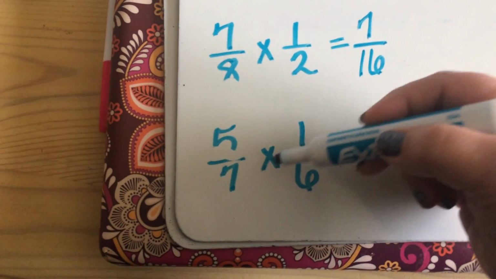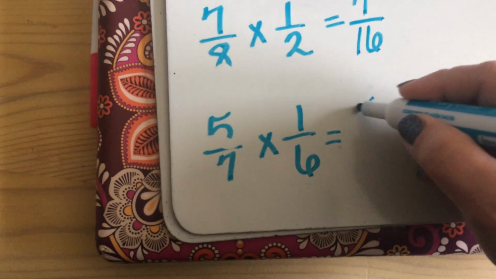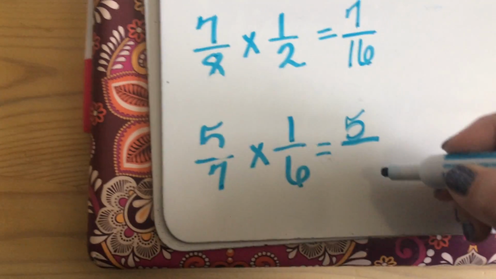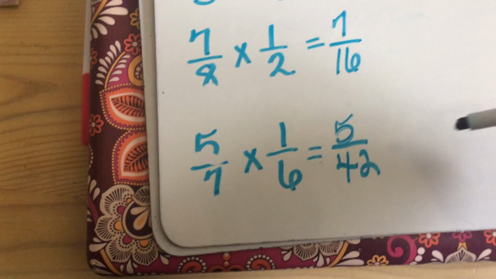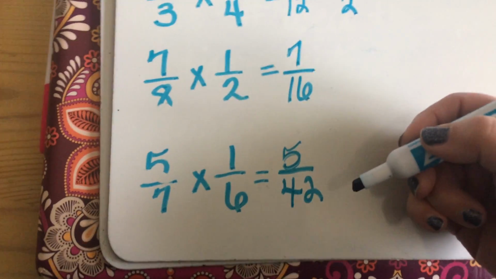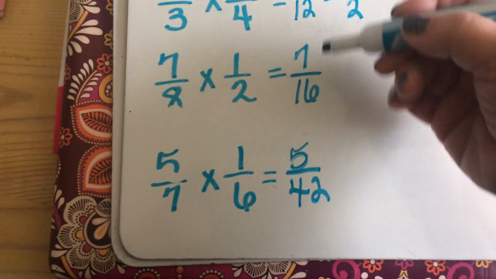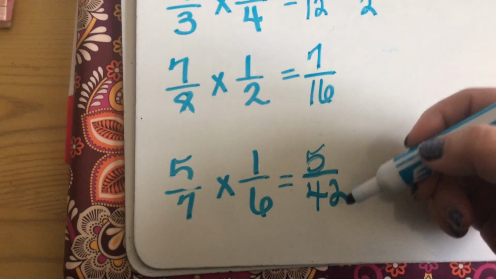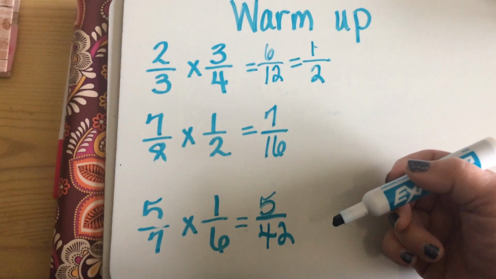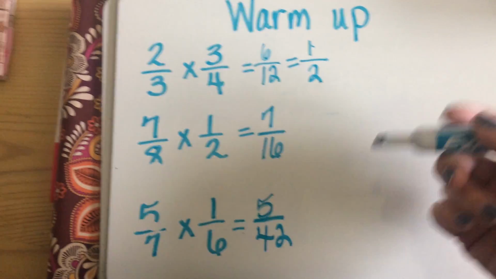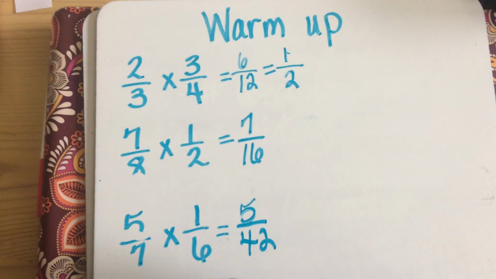Then you have 5 times 1 is 5, and 7 times 6 is 42. That cannot be reduced either because there's no number that can go into both of these numbers evenly. So, remember, when you're multiplying fractions, you just multiply straight across. There's nothing fancy to do.